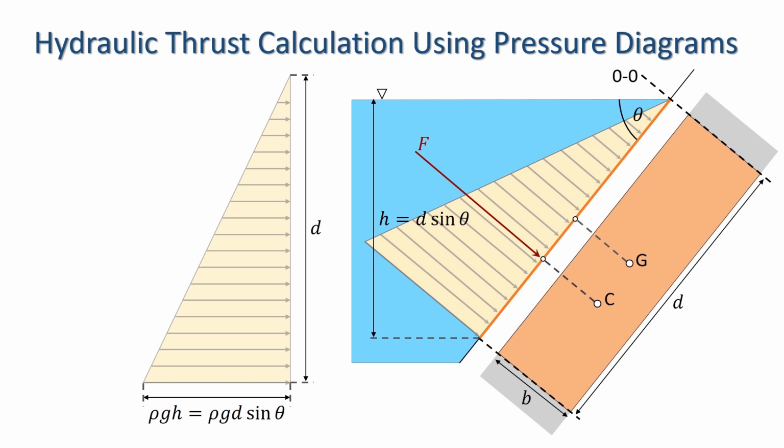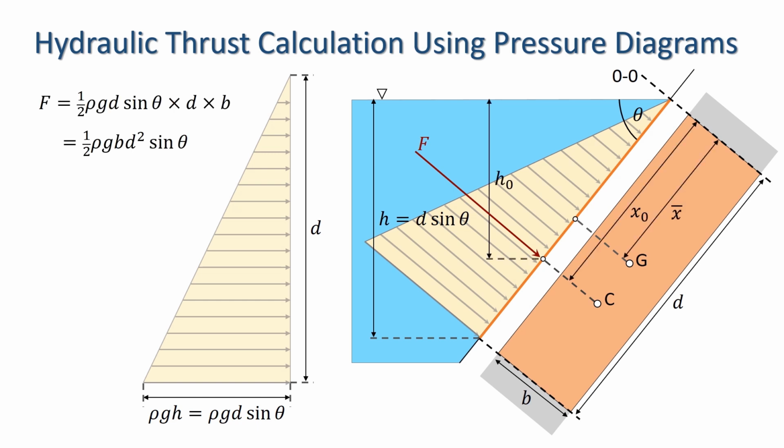The magnitude of the force is the volume of the pressure prism, so F equals 1/2 ρg d sine theta times d times the width b, which equals 1/2 ρg b d squared sine theta. The line of action of the force will be at a depth of 2/3 of h, i.e. 2/3 times d sine theta. Let's look at an example.